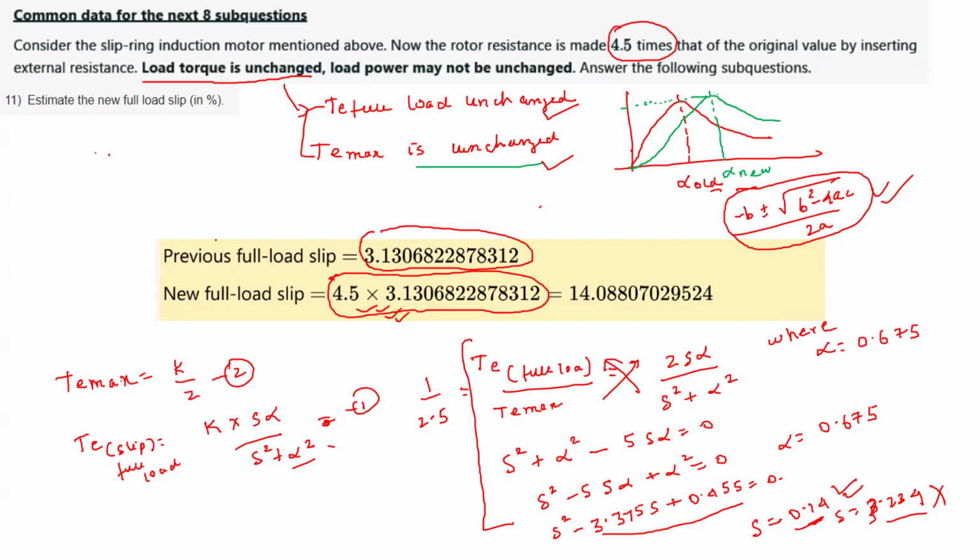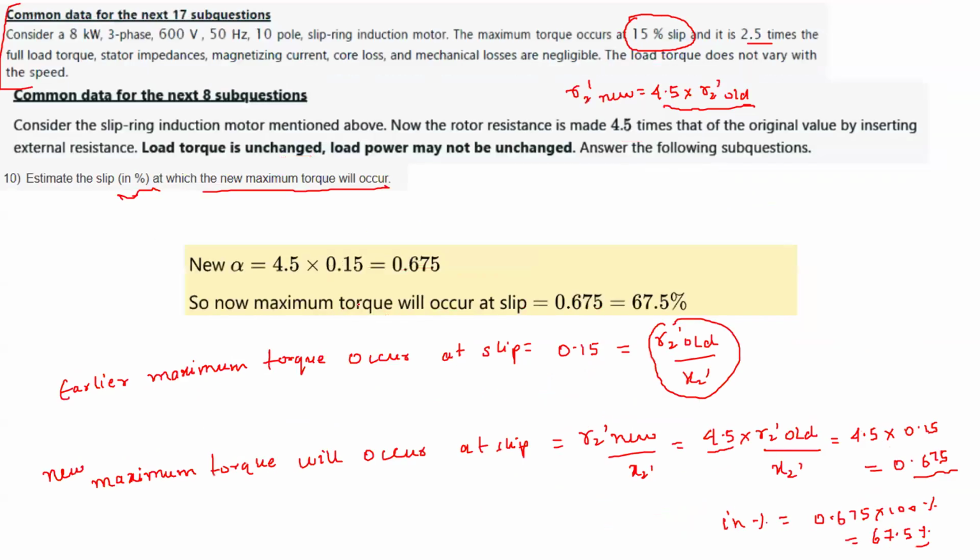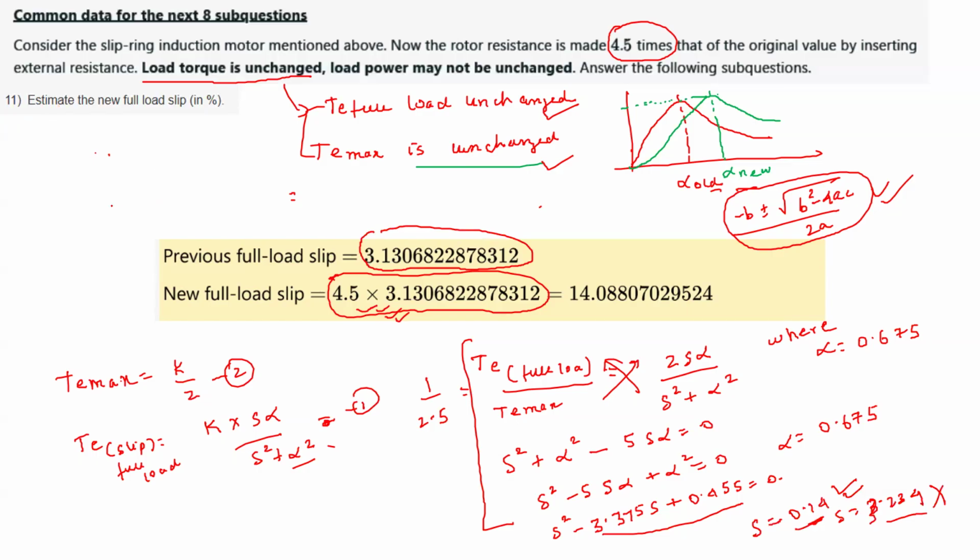So if I am finding the new full load slip, it basically becomes, just like you multiplied 4.5 times the previous maximum torque slip, similarly here the new full load slip is equal to 4.5 times the old full load slip. I'll tell you why.